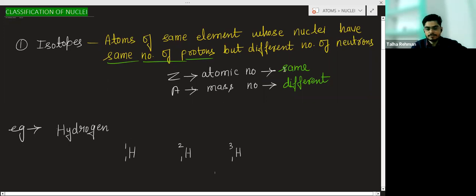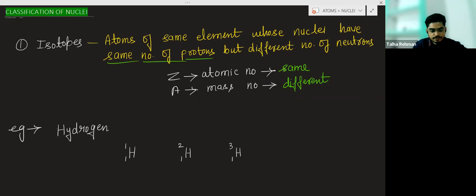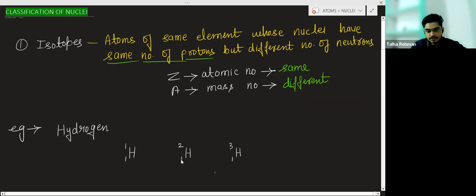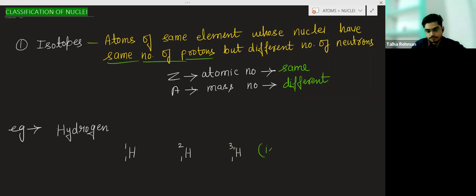Z is the same. You can see here Z is the same. This is Z, this is Z, this is Z. Means atomic number is the same, and mass number is different. So these are isotopes.